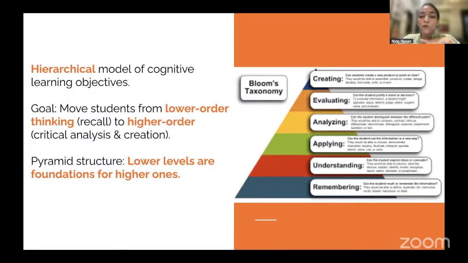At the lower end, there is remembering, understanding, and applying. And then as we move on, analyzing, evaluating, and creating are on the higher end. The lower three are often referred to as LOTS, and on the higher end, they're often referred to as HOTS.